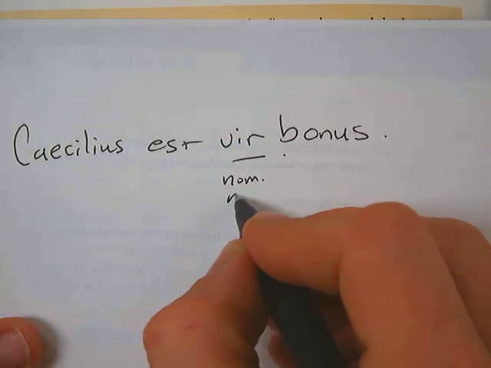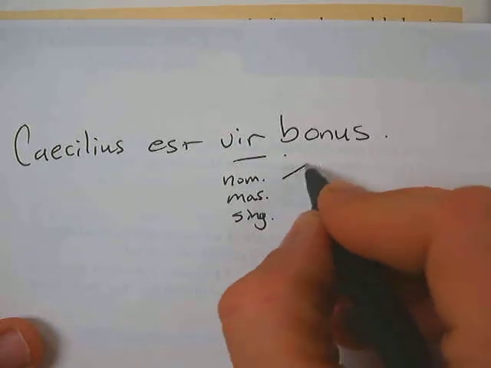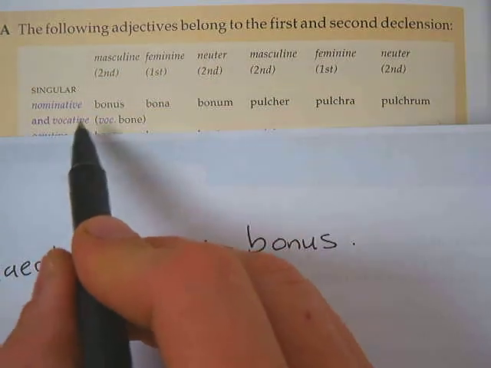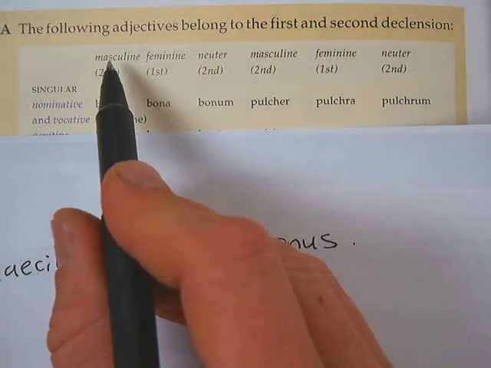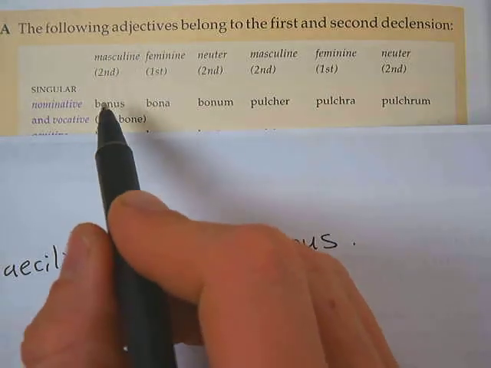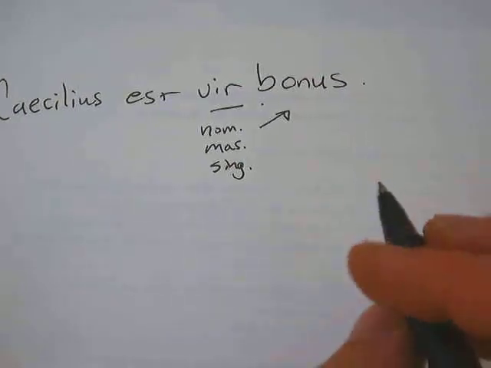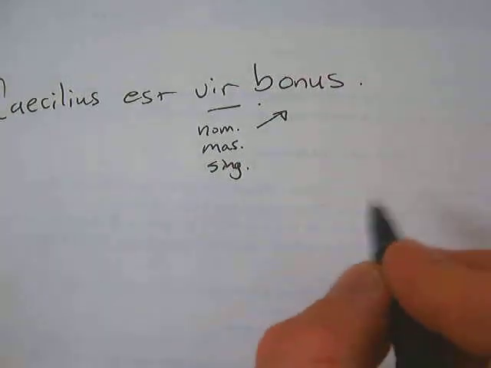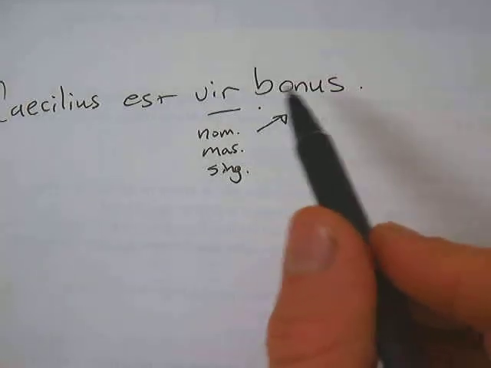Because vir is nominative, masculine, and singular, you've got to also use, as you see on the chart here, the nominative masculine singular form. If you're talking about Metella est femina, it'd be femina bona.